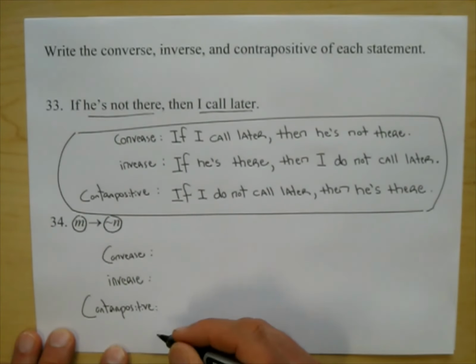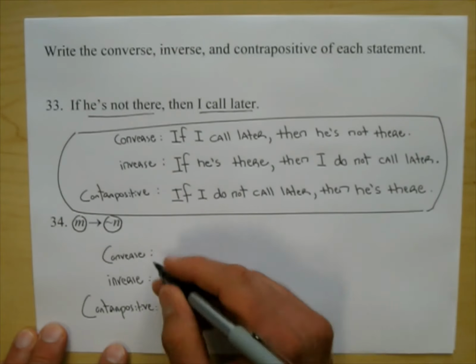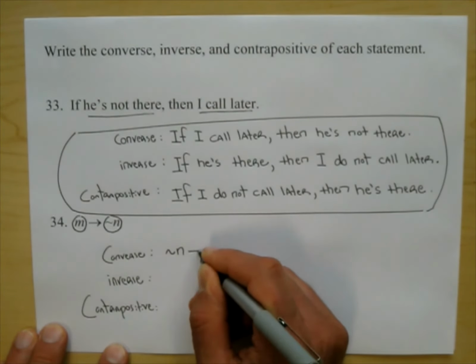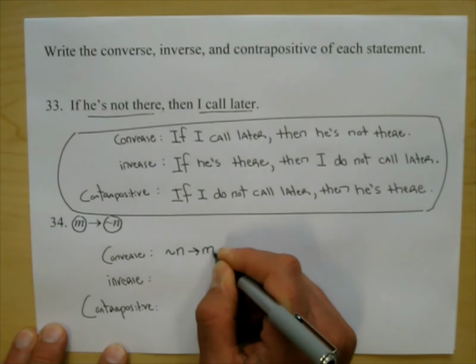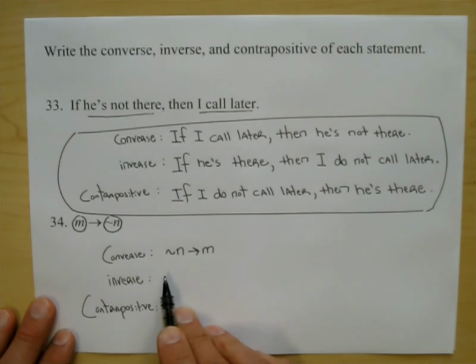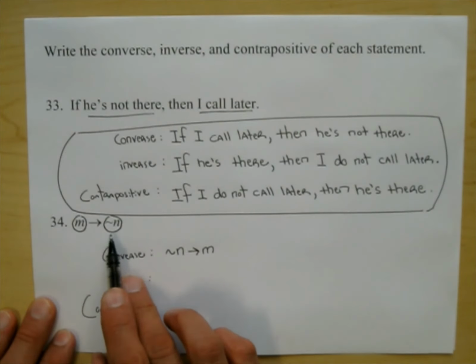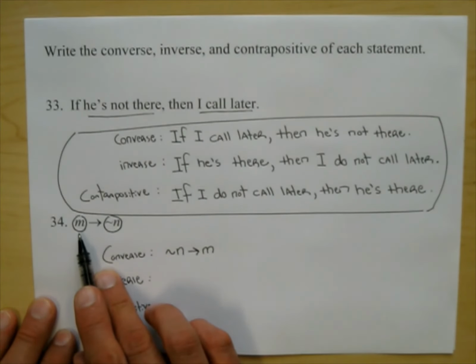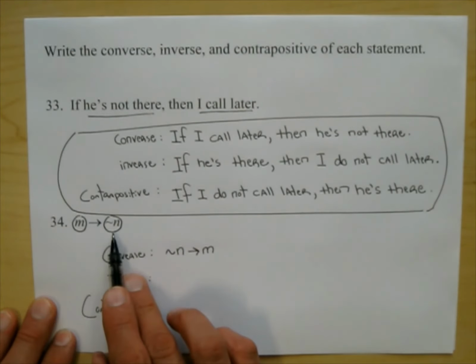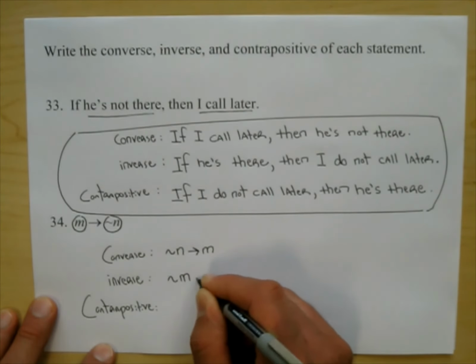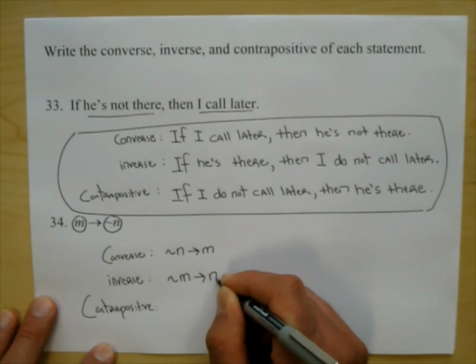So we're going to swap them. So it's going to say if not N, then M. So there's the converse. The inverse is we're just going to negate them. We're not going to swap them. We're going to say if not M, then, and then we negate that N. So if not M, then not N.